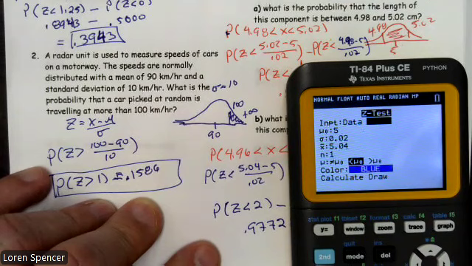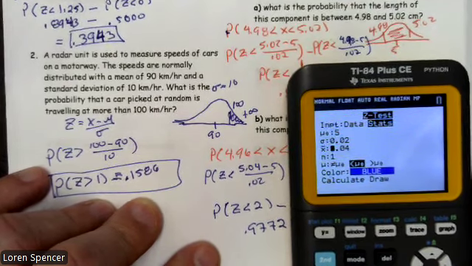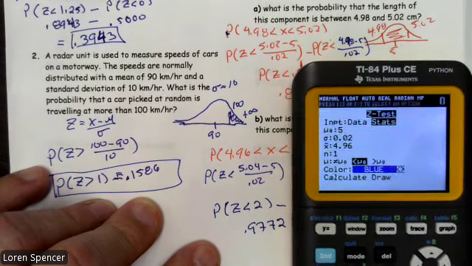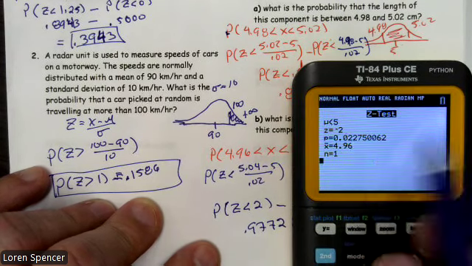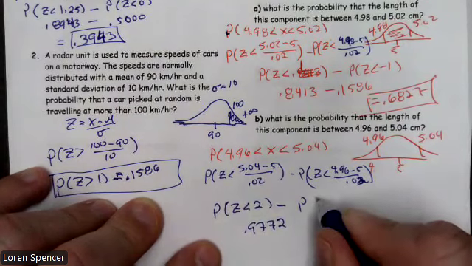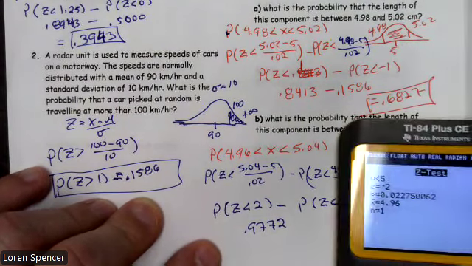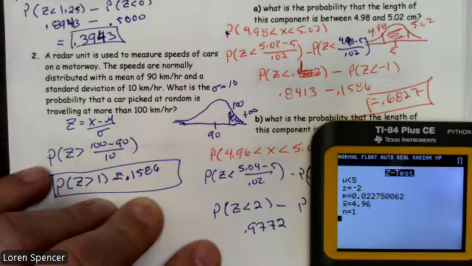We're turning it into a 4.96. And we should get a negative 2. And we do. The probability that Z is less than negative 2 is 0.0227.